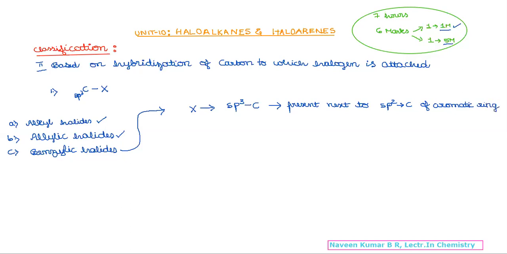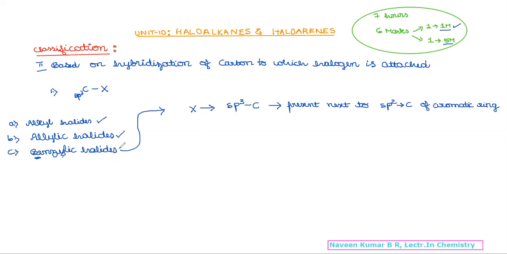Concentrate. In the previous case, to call it an allylic halide, it should be bonded to a double bonded carbon atom. There the double bonded carbon atom does not belong to an aromatic ring. But in this case, to call it a benzylic halide, we can recall the name benzene.